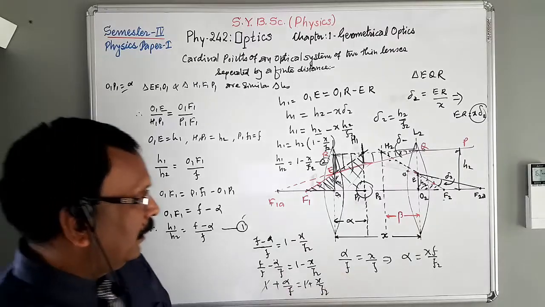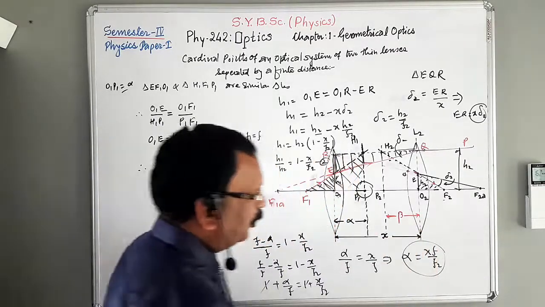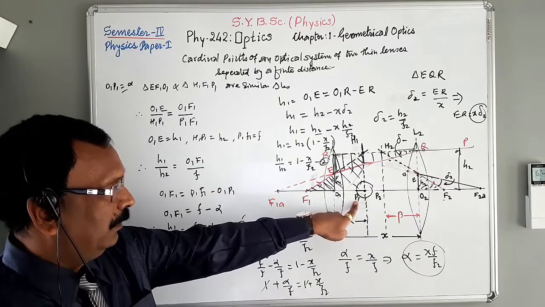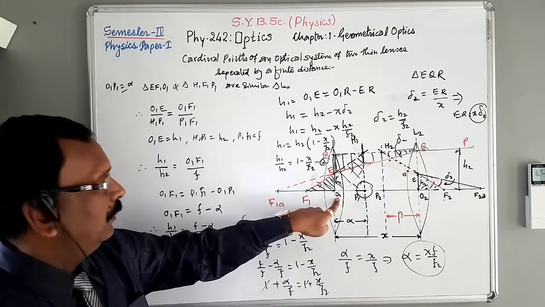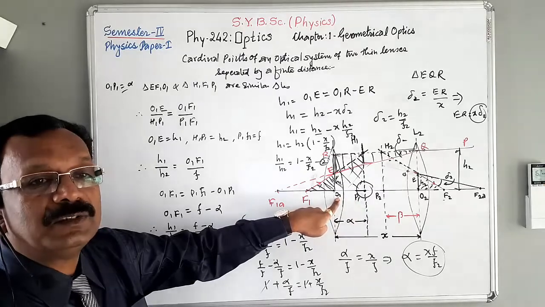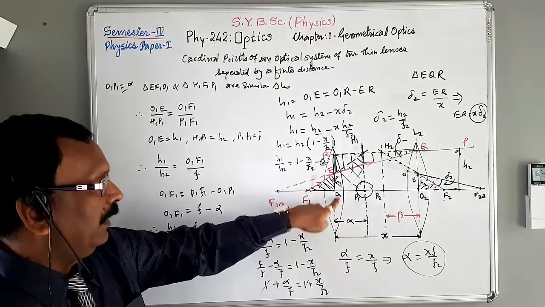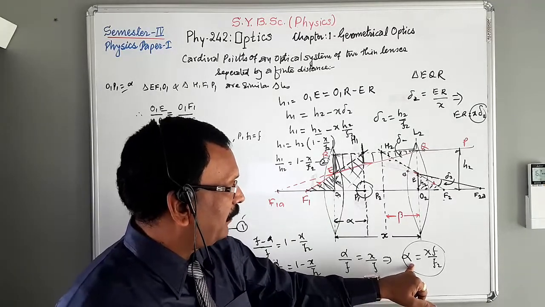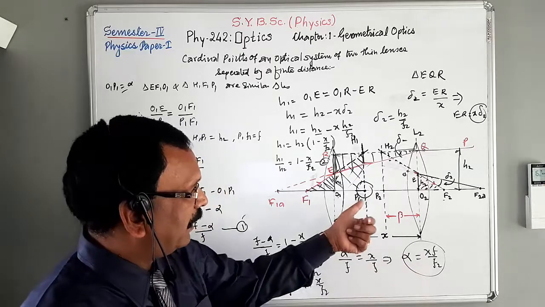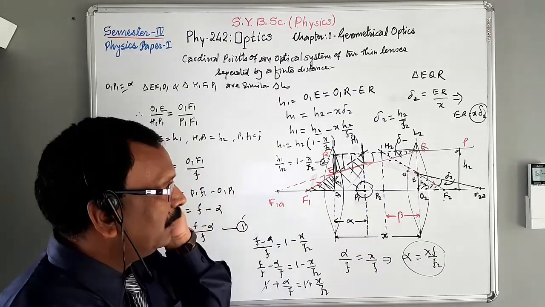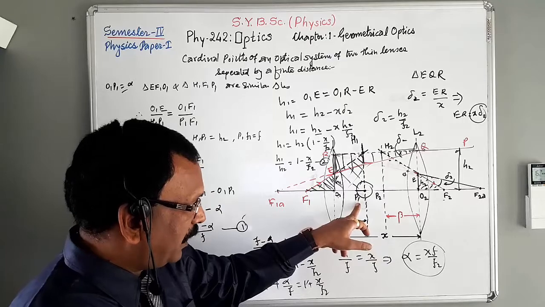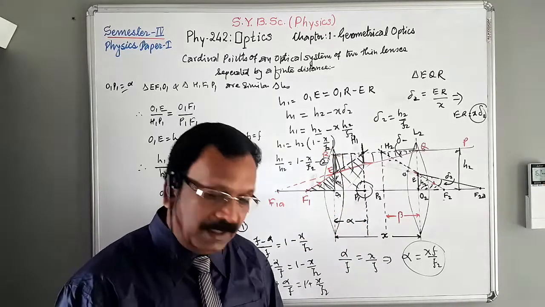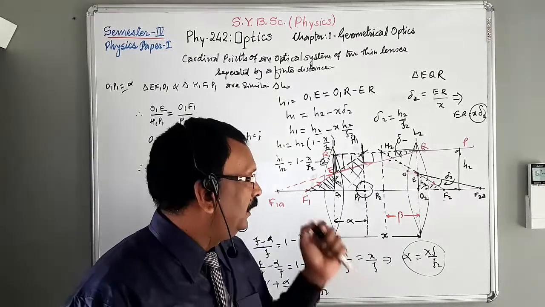This is the position of the principal point P1 from L1; alpha is equal to xf upon f2, the distance of the first principal point from O1, that is, from lens L1.